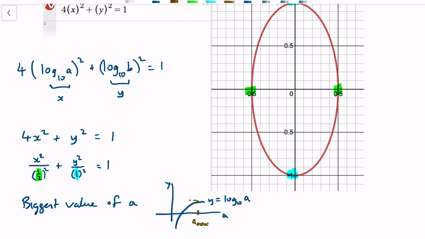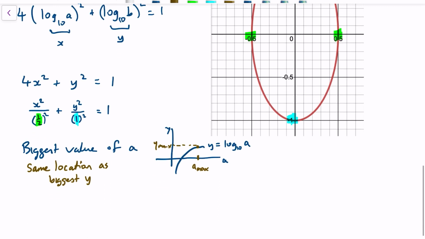That is going to also generate the biggest value of log base 10 of A. It'll be the Y max. The reason for that is it's an increasing function. So if we pick a slightly bigger value of A, it will have a slightly bigger value of Y. So the biggest value of A is the same location as the biggest Y.